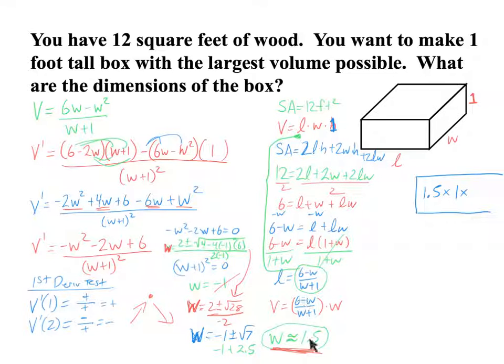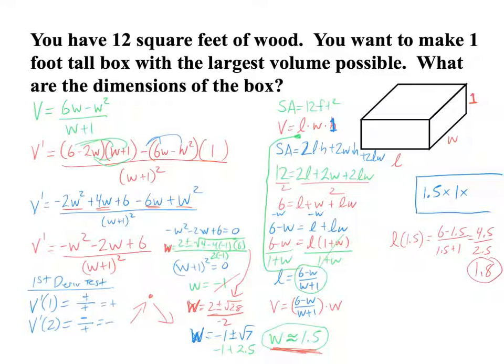Now, we're going to use 1.5, even though it's not perfect, but that right there is a goodie. So what I'm going to do is find my length at 1.5. I made it into a function notation. 6 minus 1.5 over 1.5 plus 1, which is 4.5 divided by 2.5. So this would be 1.8.